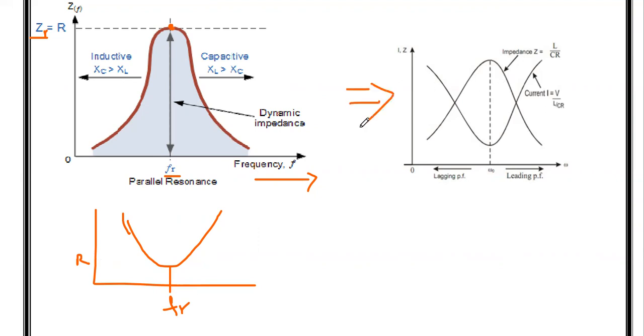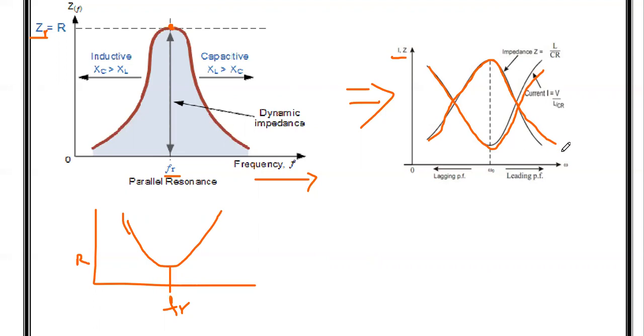You see this graph indicates both current and impedance versus frequency. This graph shows the impedance of the parallel RLC circuit, and this one is the current flowing. Since impedance is maximum at the resonant frequency, the current flowing reaches the minimum value.